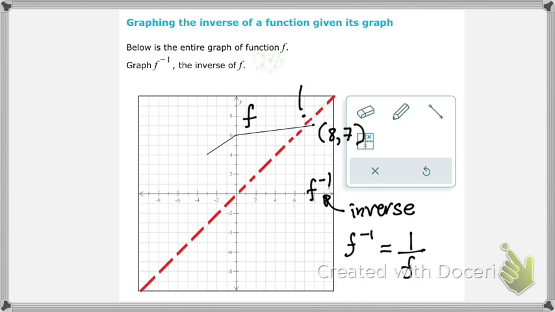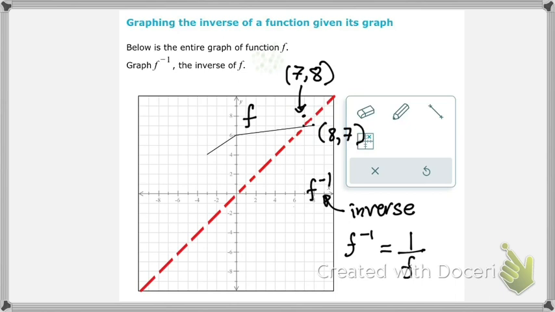The reflection is going to reverse these coordinates. I don't know if reverse is the word I want to use. It's going to invert them because this is inverse. So I'm going to have the point 7, 8. A thing about a function and its inverse is that if the function crosses the line y equals x, then the inverse will cross at the same place.